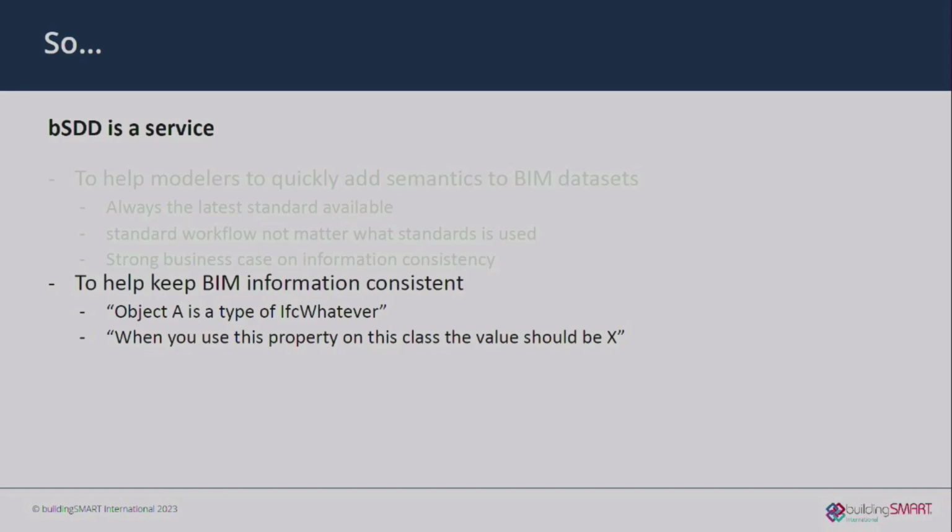So when I get a file that has a code 2122, I can check in the bSDD what should be the properties, what should be the value of these properties. So when inside my file this property load-bearing is false, but the classification code according to the bSDD should say it's true, I have inconsistent information. The classification doesn't match the properties. So we can check that as well thanks to the bSDD.